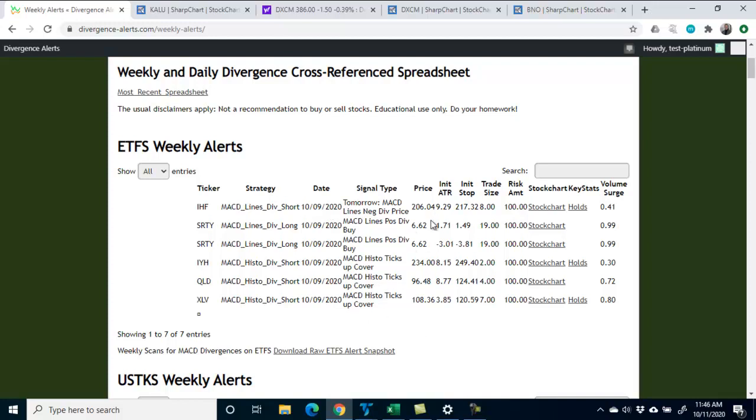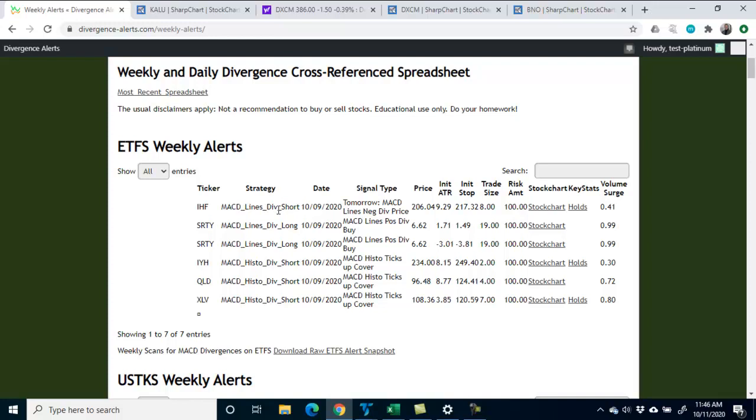And one of the really interesting things about that are these tomorrow alerts, because these are showing you a price where the next divergence will happen. So with IHF, the mathematical calculation is that when the price hits 206.04, that's going to make an MACD line's negative divergence, which would be a signal to short.